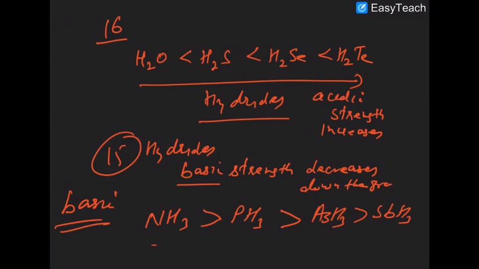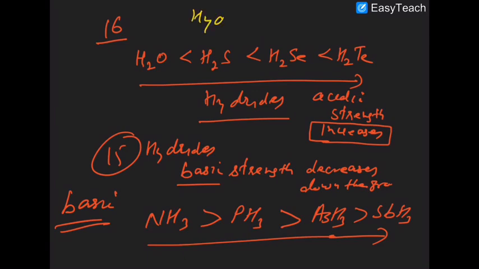So the basic strength of the hydrides decreases down the group, while the acidic strength of the hydrides increases. I am repeating once more: acidic strength of hydrides increases down the group, and basic strength decreases down the group.